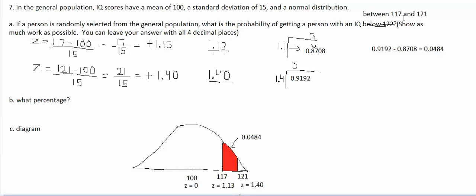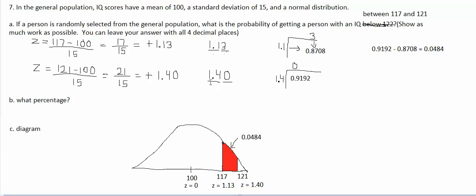So what we need to do for a between question is solve for both z-scores. So what I did here was I turned 117 into a z-score, and I turned 121 into a z-score using the same formula that we've been using, and I got the two z-scores. Then I looked up each z-score in the table using the row and column.